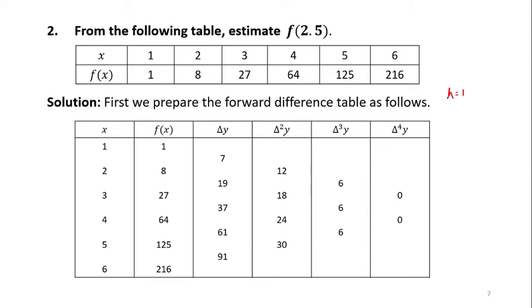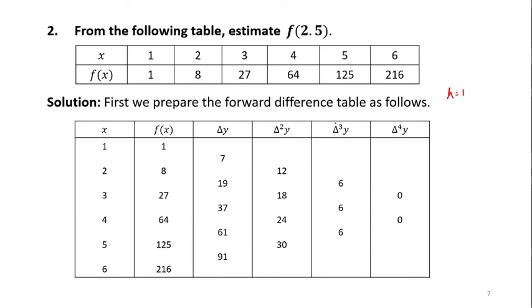Now, to get delta square of y, subtract 7 from 19, 19 from 37, 37 from 61 and 61 from 91. That is 19 minus 7 is 12, 37 minus 19 is 18, 61 minus 37 is 24 and 91 minus 61 is 30.